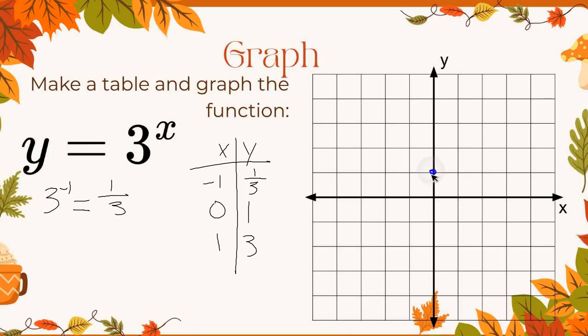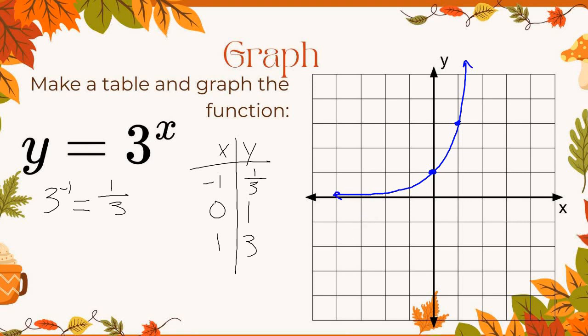So we really only need those 3 points because we know that if we are going up on the right, it's just going to get steeper and steeper and steeper. So I only need that 1 point. And then on the left, it's going to get closer and closer and closer to 0.